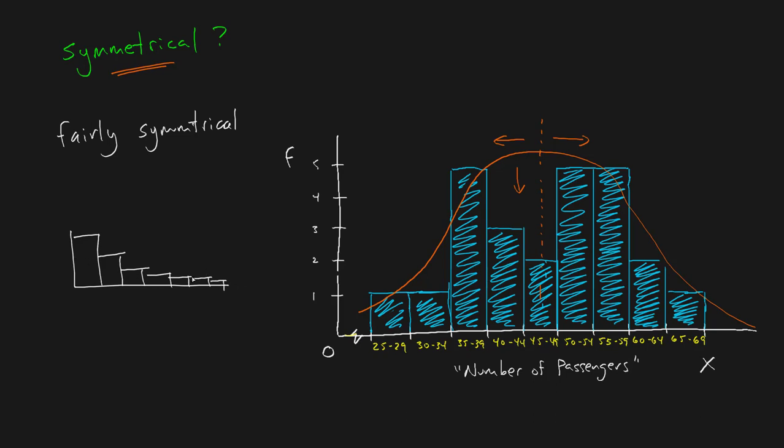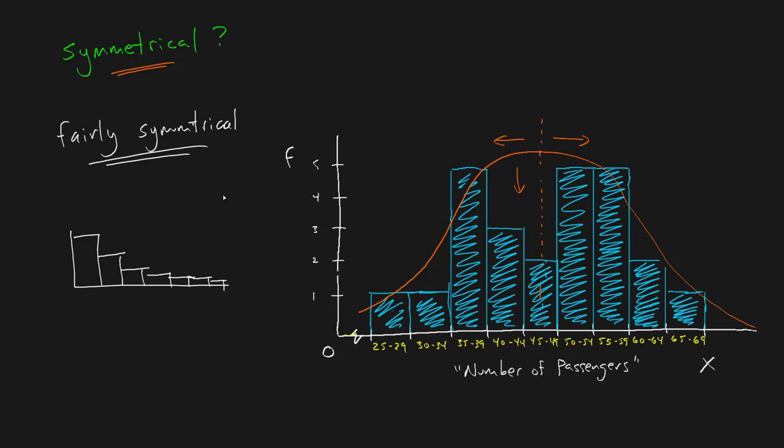The last thing that they want is for students to be arguing that every one of the different answers that different students have given are all correct. So this would be what they would show you if they wanted you to comment on it being positively skewed. If they want something symmetrical, this is close. I would say that this is very close to being symmetrical. They might fill in the frequencies here just a little bit more. But I'm going to stick with calling this fairly symmetrical, or simply just calling it symmetrical.